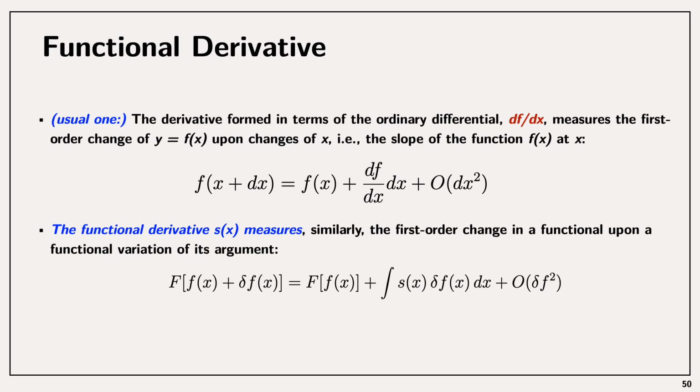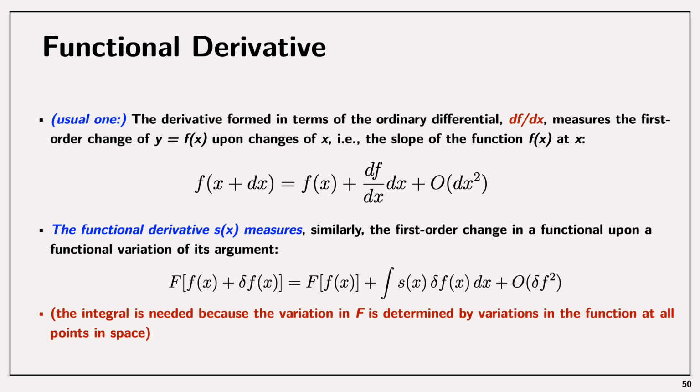I make it simple by having just one variable x, but this can be expanded to a large number of variables x, y, z, and so on. So this is what we have. Now the question is, what is S of x, right? The S of x is going to give you how the functional changes. All right. So it's important to know the integral is needed because the variation of F is determined by variations in the function at all points in space.